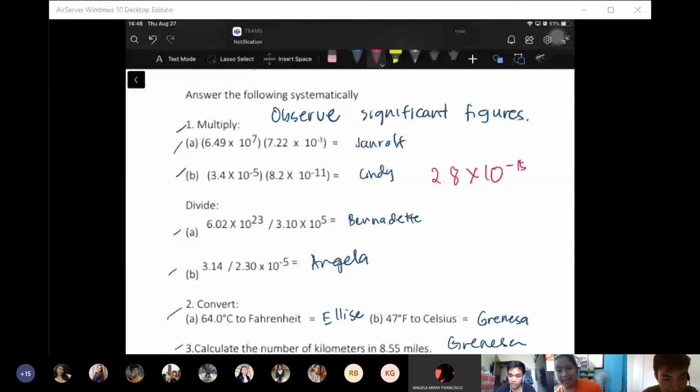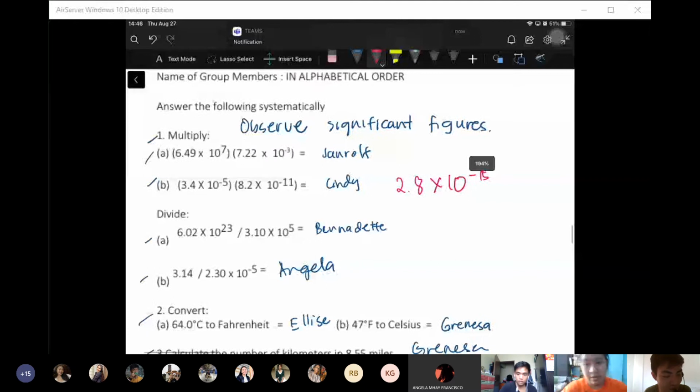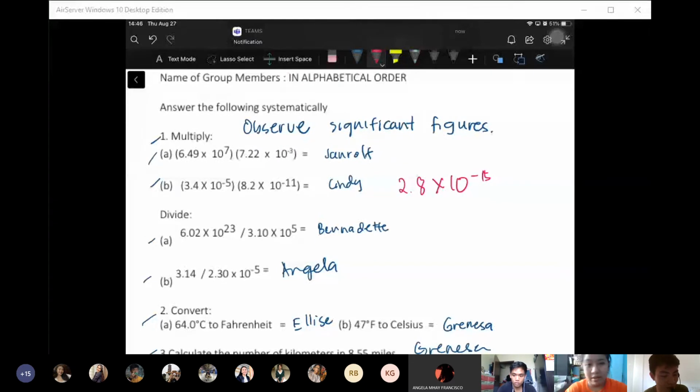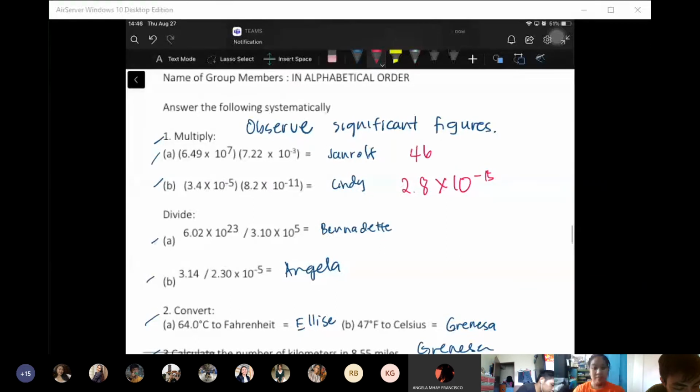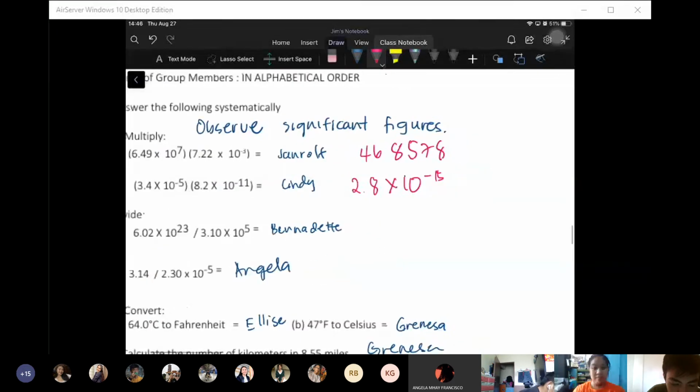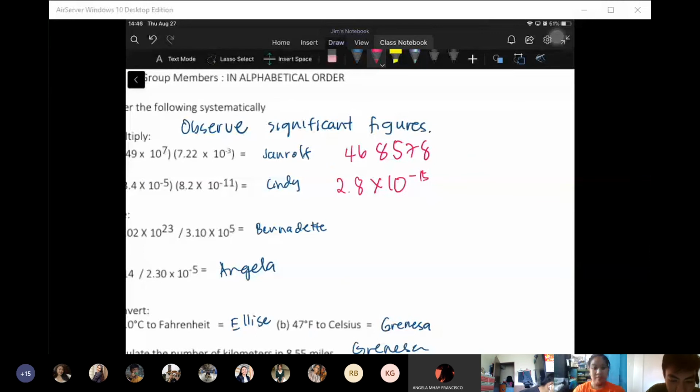When we multiply, let me compute it on the calculator. The result is 4.685 78. Since we need 3 significant figures, I adjust the decimal point: 1, 2, 3, 4, 5. So, 4.69 times 10 raised to 5.